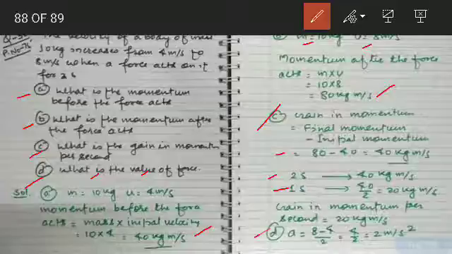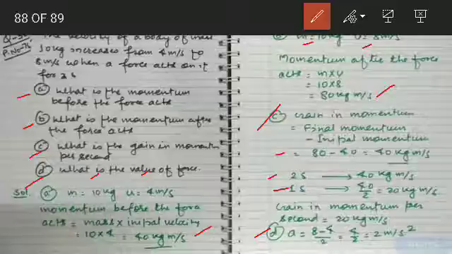Now coming to the fourth part, what is the value of force. So here we are going to use the formula of acceleration. Acceleration is v minus u upon t. So the acceleration came out to be 2 meter per second square, because for force we should know the acceleration.